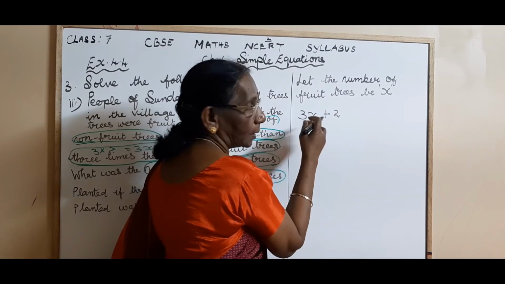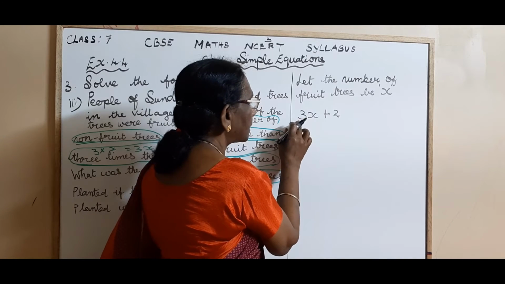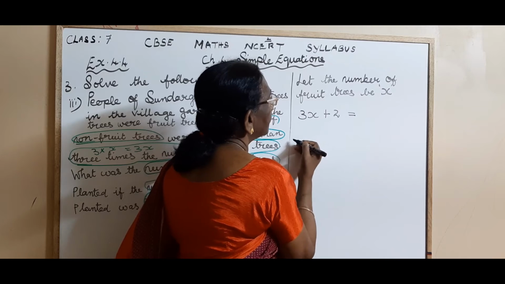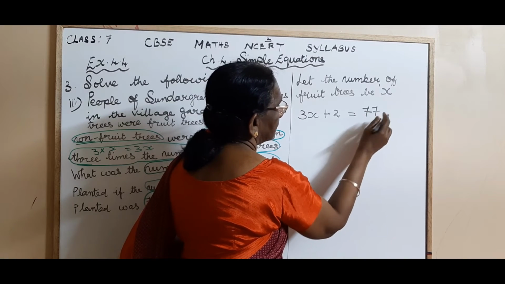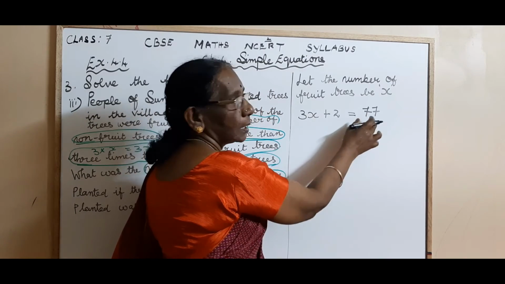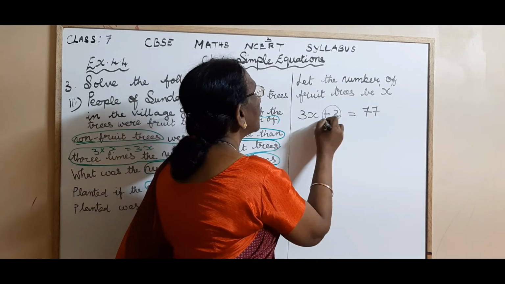The number of non-fruit trees is 2 more than 3 times the number of fruit trees, equal to 77. This 77 is the number of non-fruit trees. So we set up the equation. Now let us solve the equation.